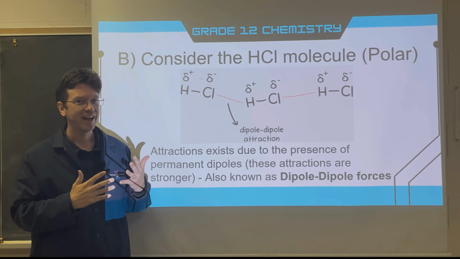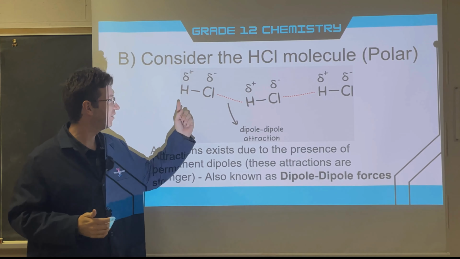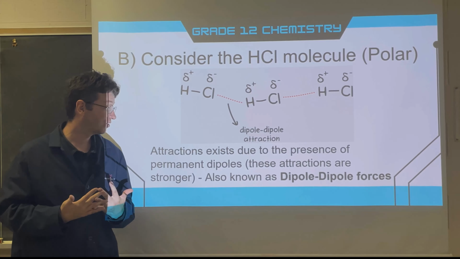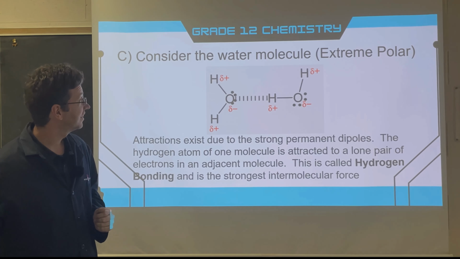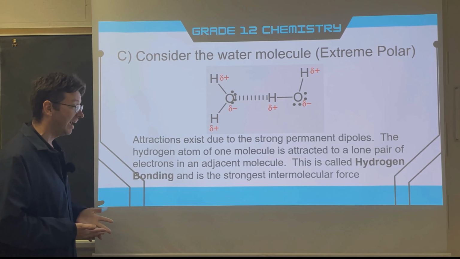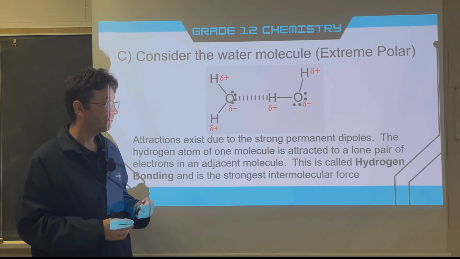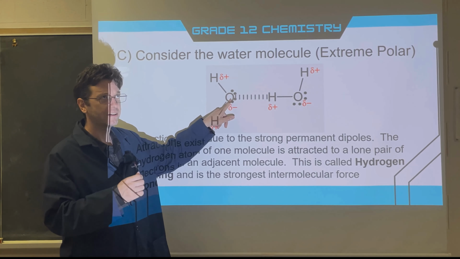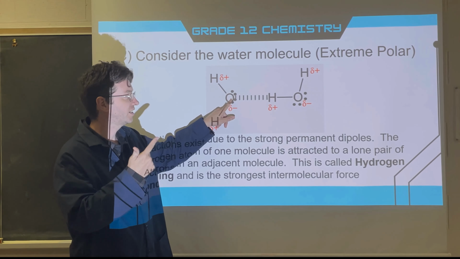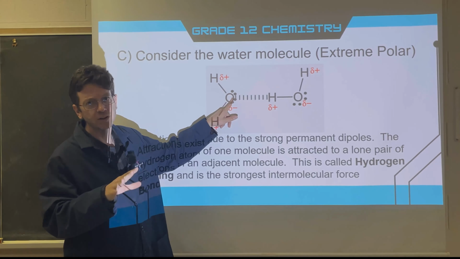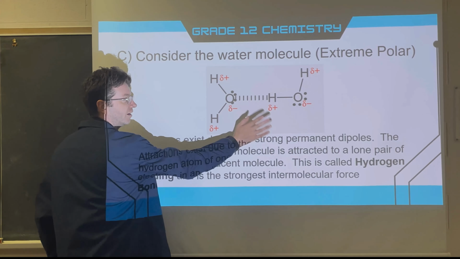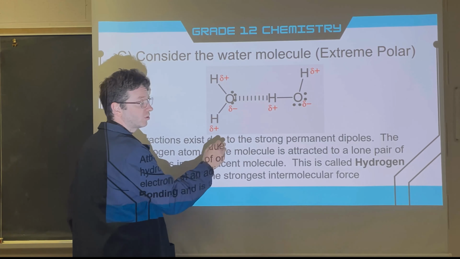Now, if you have a very, very pronounced dipole, where the electronegativity difference is extremely high, this is called a hydrogen bond. And this will occur if you have, in your molecule, hydrogen and either a fluorine, oxygen, or nitrogen for the most part. So here we have a water molecule, and water molecules are polar.